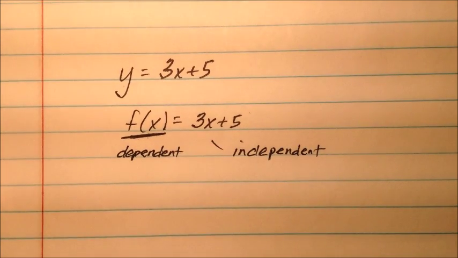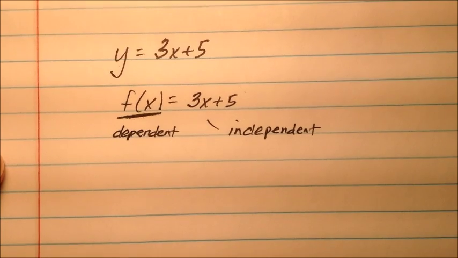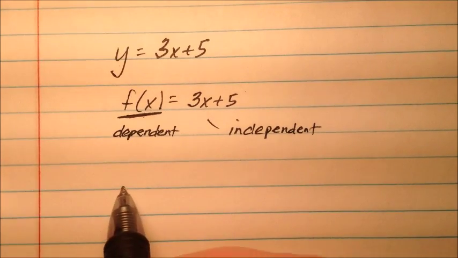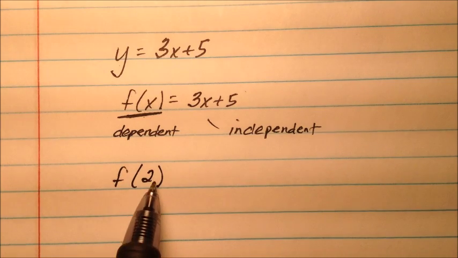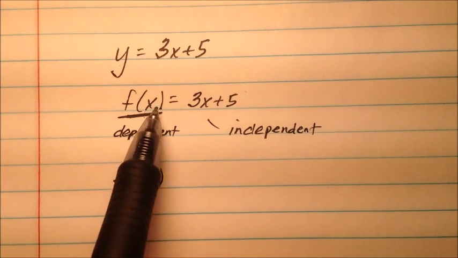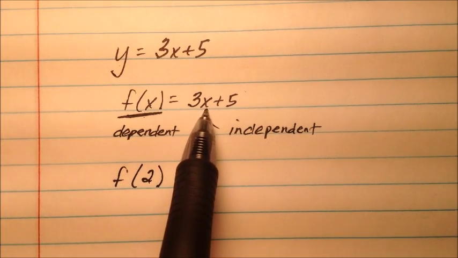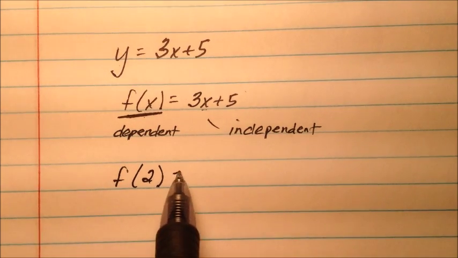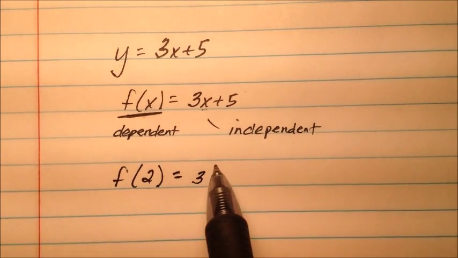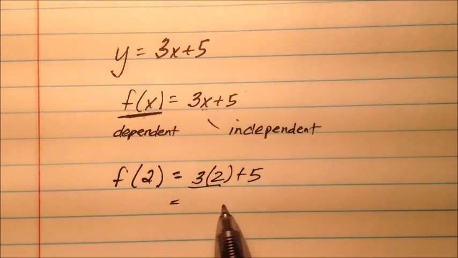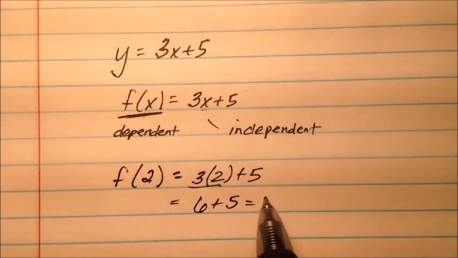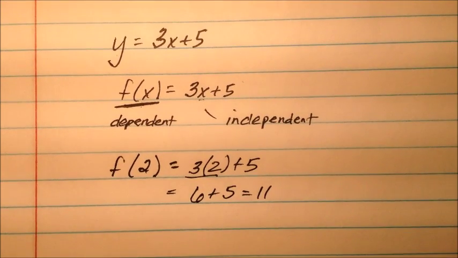Okay, so we can write this a couple of ways when we're actually finding some values. So if we have f of 2, that means that 2 got substituted for x right here, which means we're also going to substitute for x right there. So it's going to end up being 3 times 2 plus 5. So 3 times 2 is 6 plus 5 equals 11.